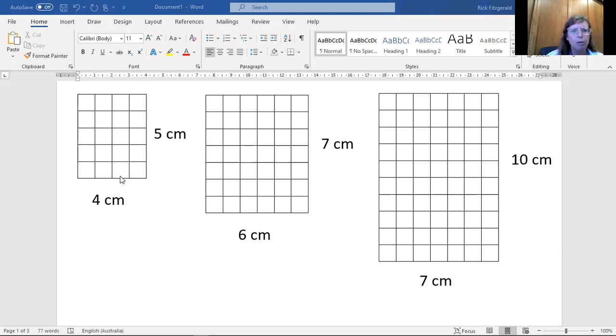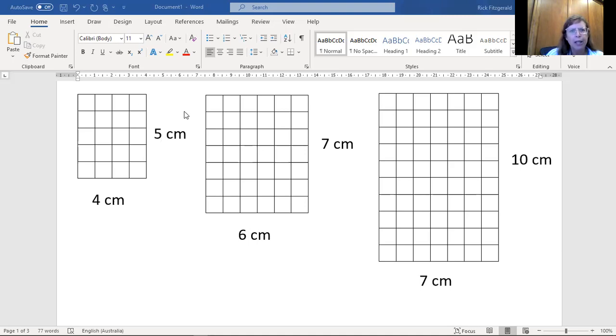Now, if we were counting them individually, we would go 1, 2, 3, up to 20. And we could say that there were 20 centimetres squared or square centimetres.